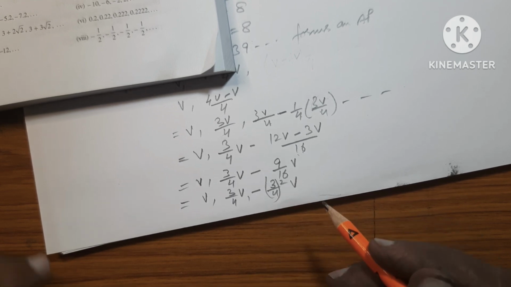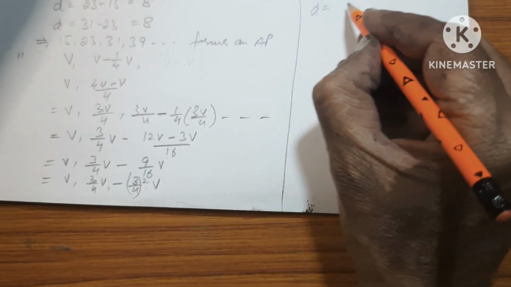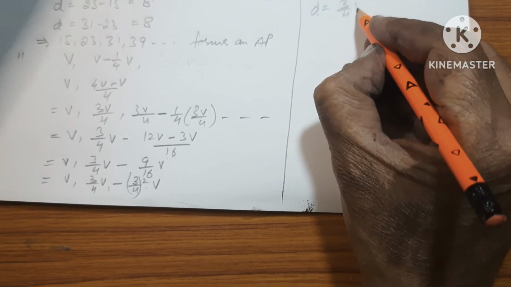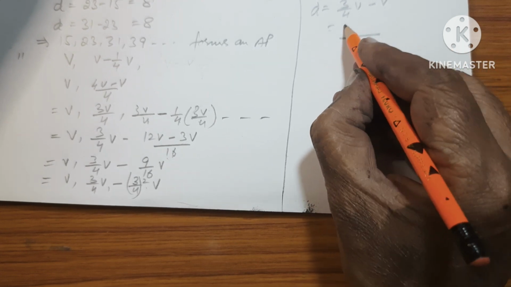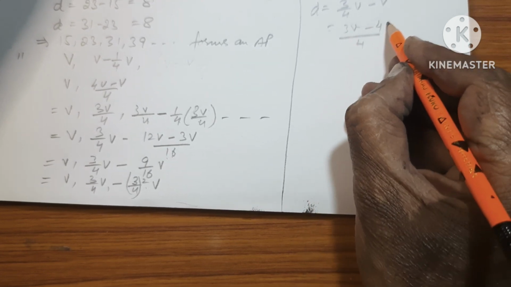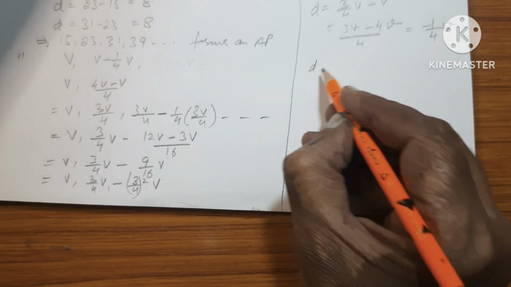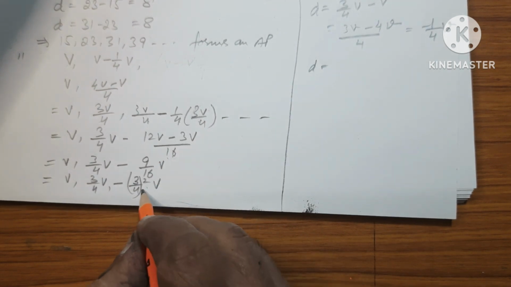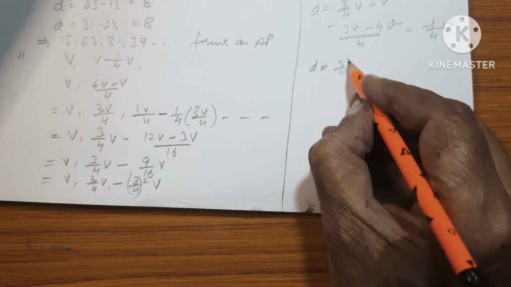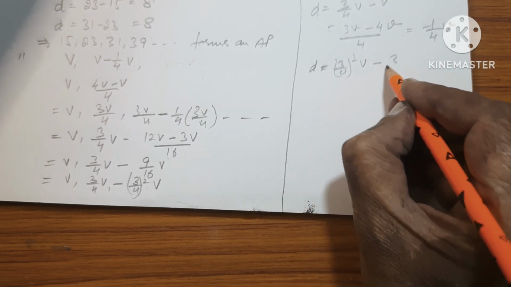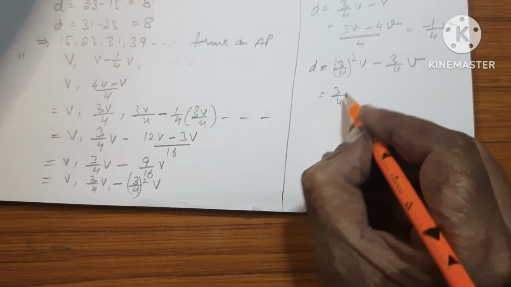These are the terms. Now let us check the difference over here. D is equal to 3/4 V minus V. This is 3V minus 4V, it is equal to minus 1/4 V. Let us calculate D from the next term. This minus this: 3/4 square V minus 3/4 V. I can take 3/4 V out common.